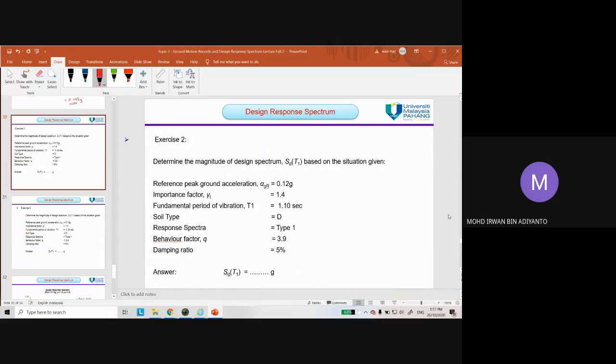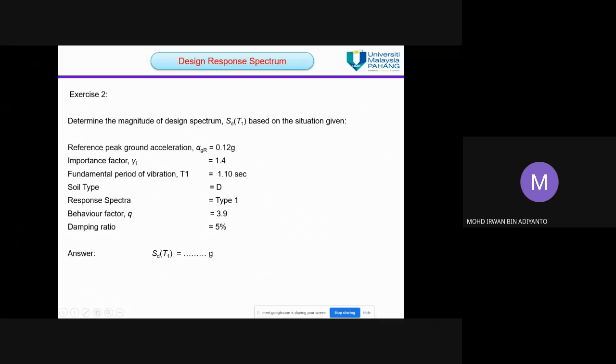Okay, the alpha GR is still 0.12 G. Importance factor still 1.4. Soil type D, type 1 response spectra, behavior factor 3.9. The difference is only the increase in fundamental period of vibration. Okay, the new T1 is 1.12 second.